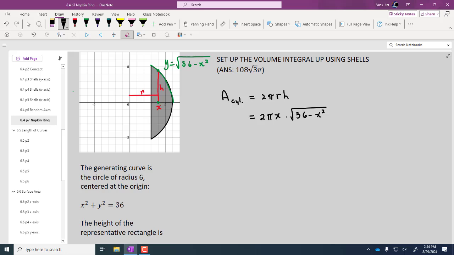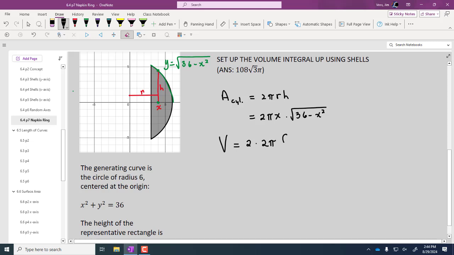Now to get volume, we integrate area, but we're going to have to double it, right? So we just did the top half here, so we have to double it. So it's going to be 2 times 2 pi. And then we'll put this stuff inside the integrand here. And our limits of integration.